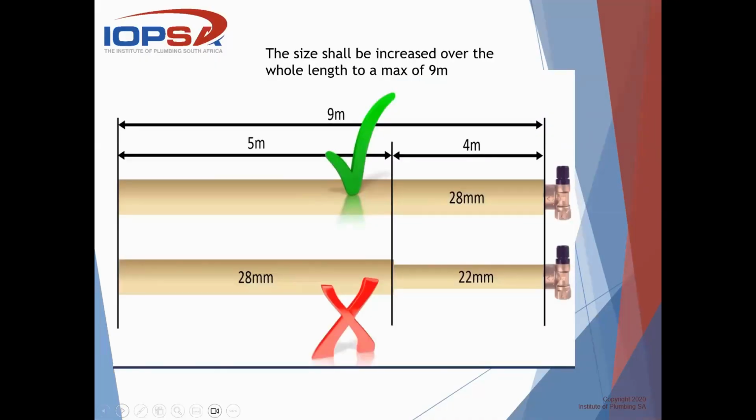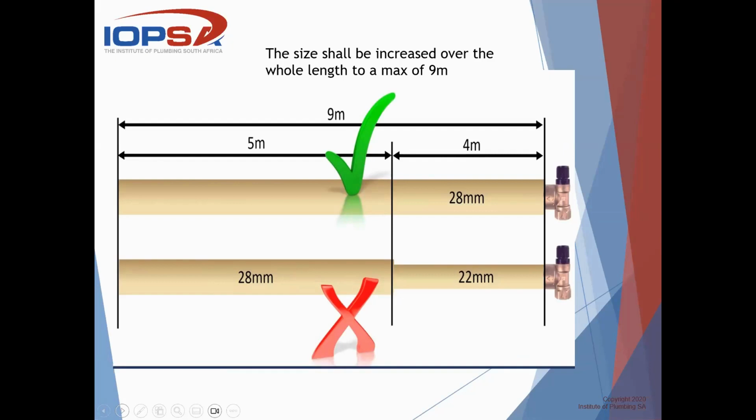Okay, here's a nice picture to try and illustrate that. Right on the top, I have said that the size shall be increased over the whole length of a max of 9 meters. If you look at the top picture where you see the green tick, if it's 9 meters, it has to be sized up to the next size.